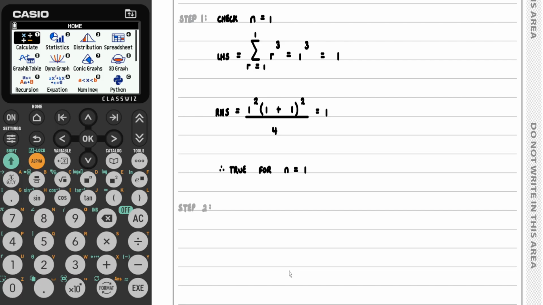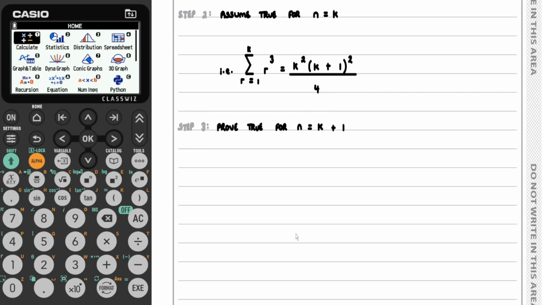We now need to assume that the result is true for n equals k for our second step. In other words, the sum of r cubed from r equals 1 to r equals k will be given by k squared times k plus 1 squared over 4. We have replaced the n with k.